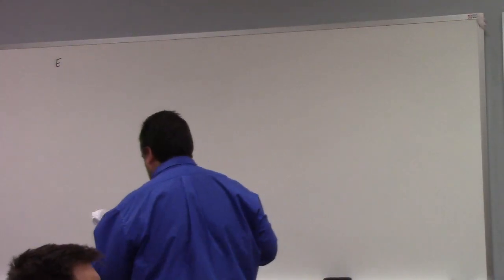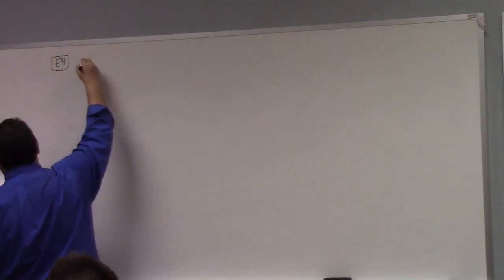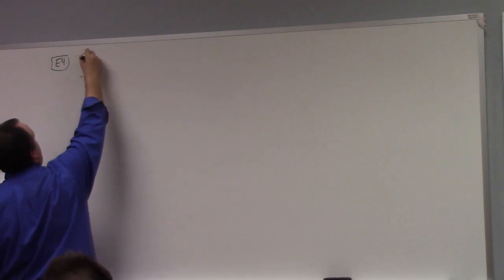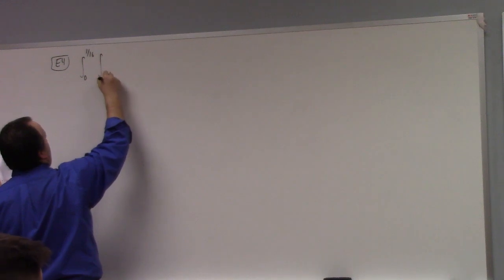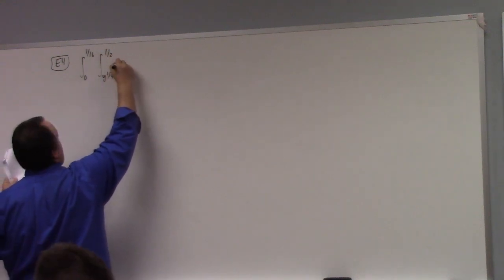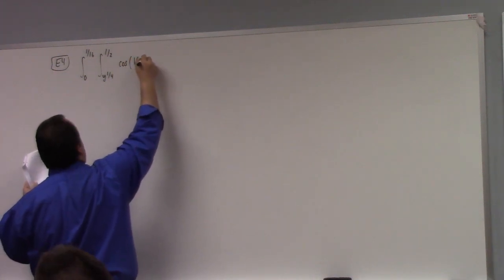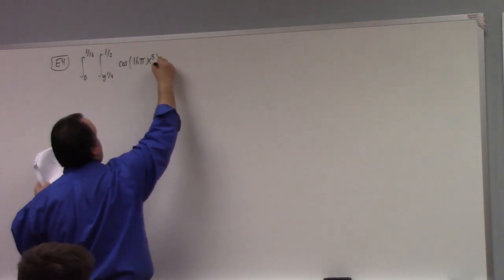Anyway, here's another example. I am on example 4. Here, I'm integrating from 0 to 1/16, and from y to the 1/4 power to 1/2, of cosine of 16 pi x to the power 5, dx dy.